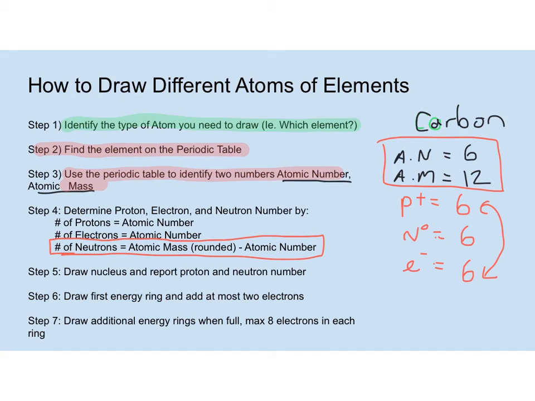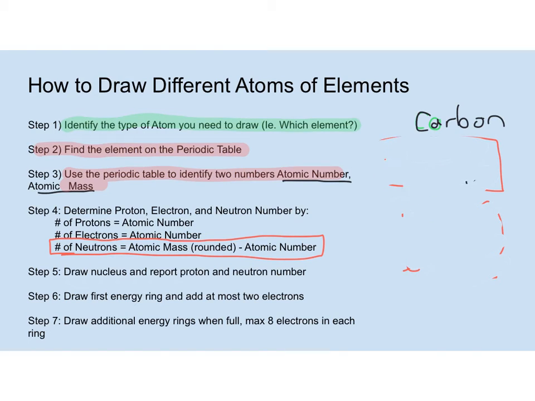Okay? Now we're at this point, and I've got all these numbers. I'm just going to erase some of this for space. So I've got carbon, and I'm going to put back that my proton number was 6, my neutron number was 6, and my electron number was 6.